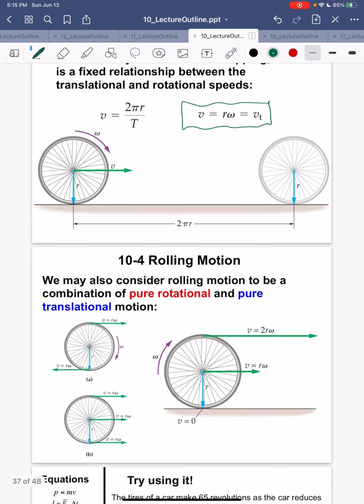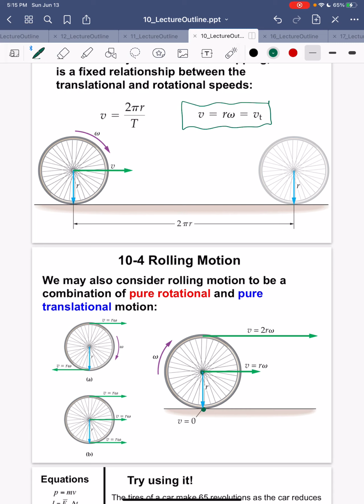We can also consider rolling as a combination of adding pure rotation and pure translation. In A here we have pure rotation, and in B we have pure translation, and then we added them. You are going to find that this point here is going to be at 0 because it is R omega minus R omega.